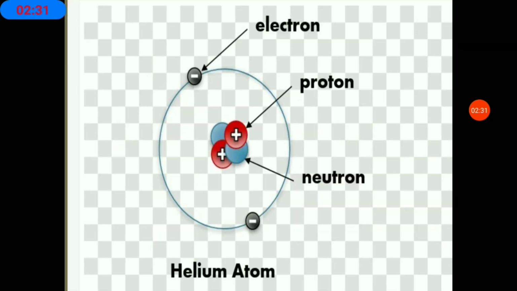Now the question was how is an atom stable, and when can we say the atom is stable. You see the atom of helium.